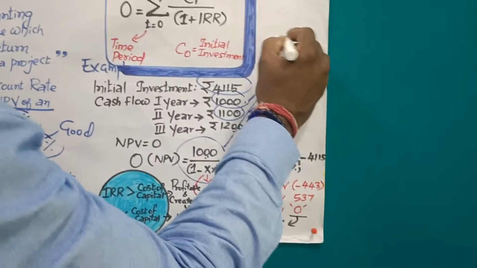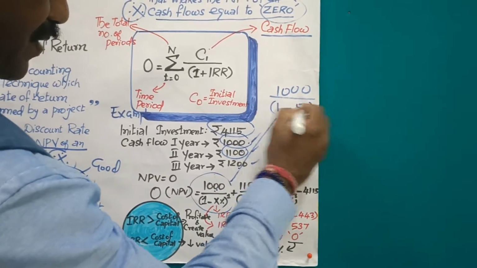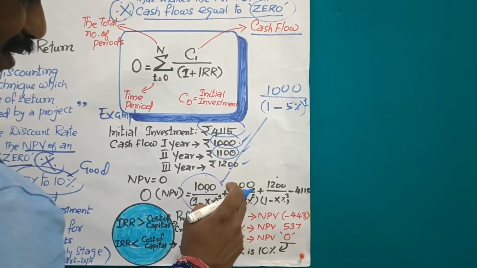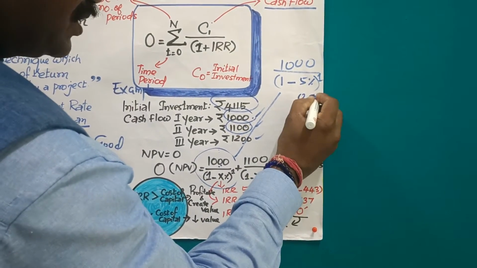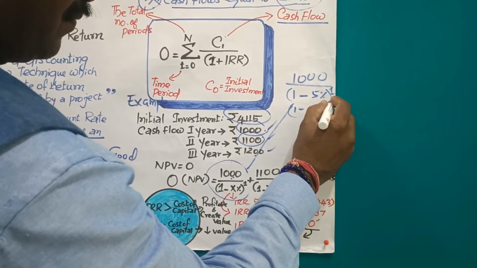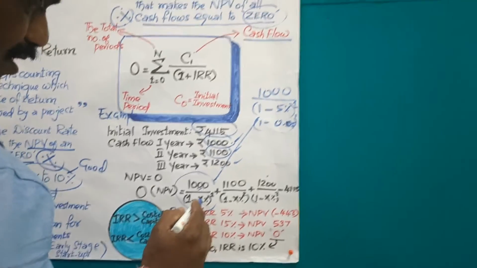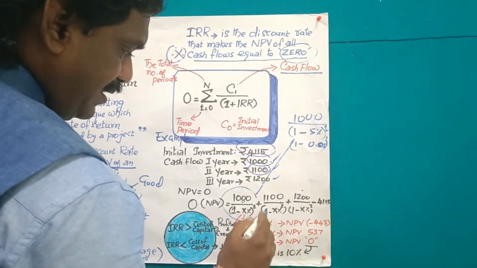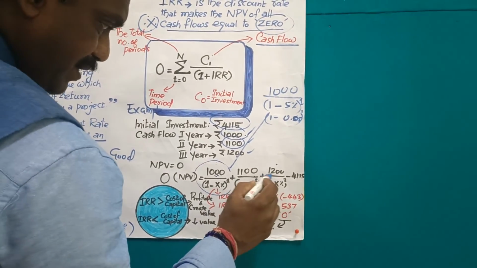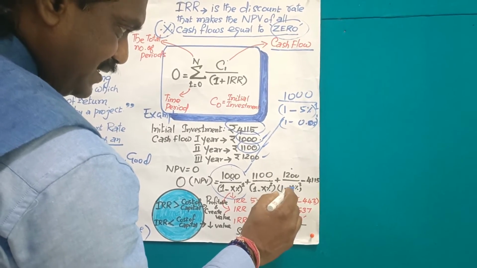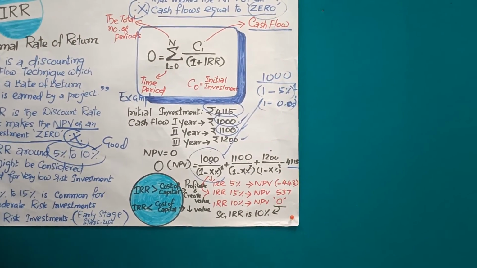The first calculation is 1000 divided by (1 plus 0.05) to the power 1, plus 1100 divided by (1 plus 0.05) to the power 2, plus 1200 divided by (1 plus 0.05) to the power 3, and we are subtracting the initial investment.